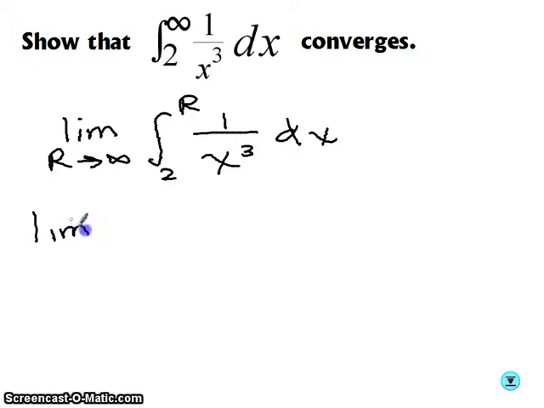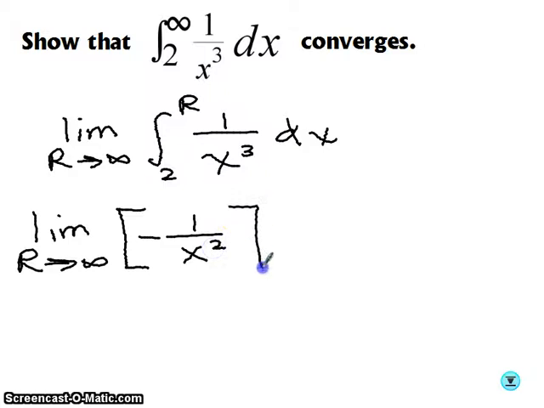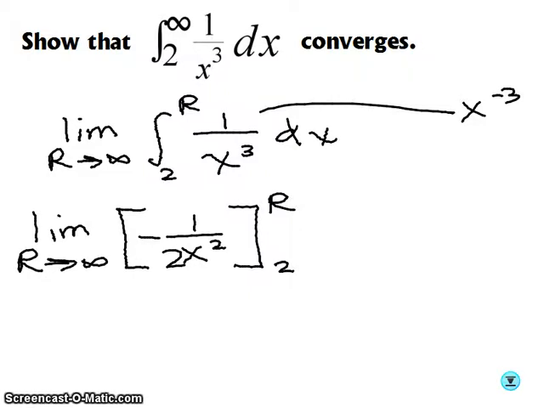Hopefully, you've had an opportunity to do this by now. When we do this integral, this is x to the negative third. We add 1 and divide by the new exponent. Hopefully you're ahead of me now in finishing this problem up.